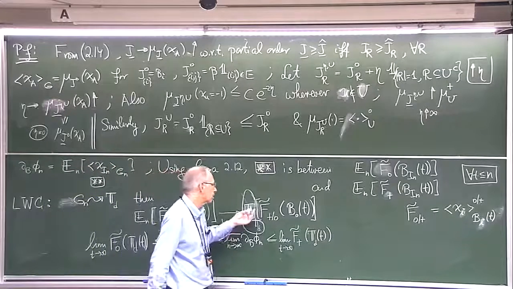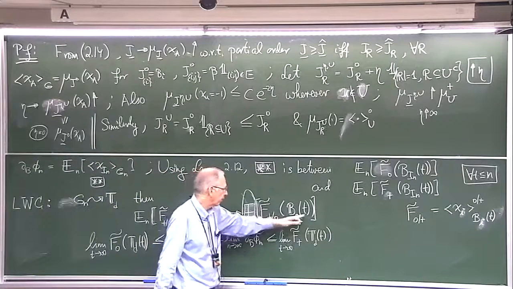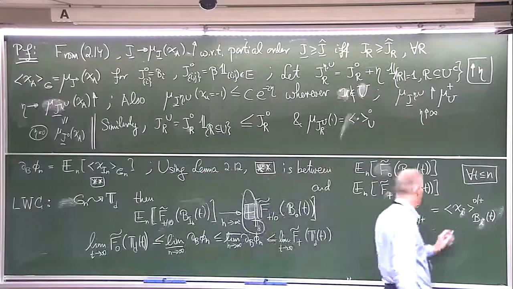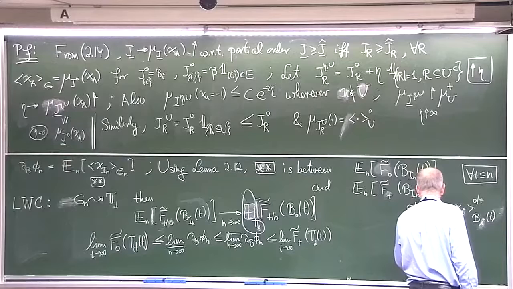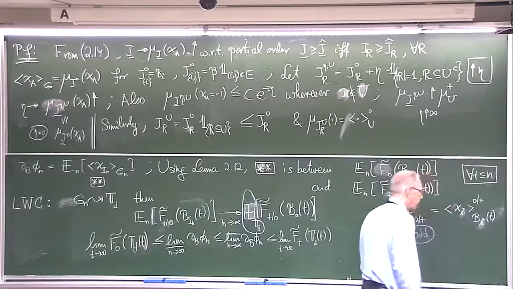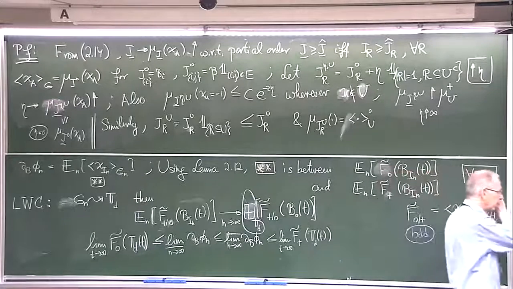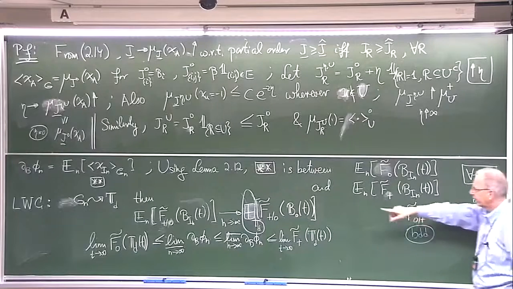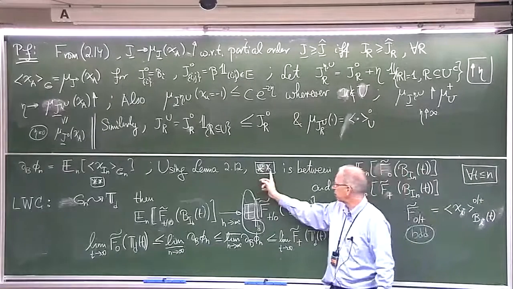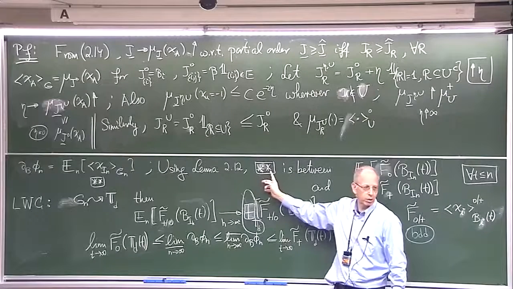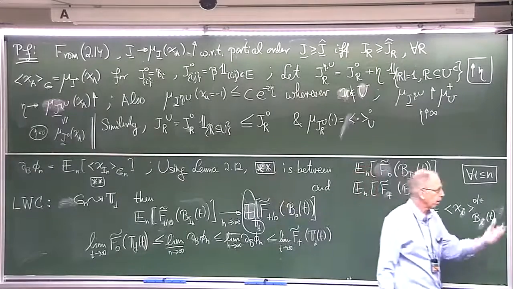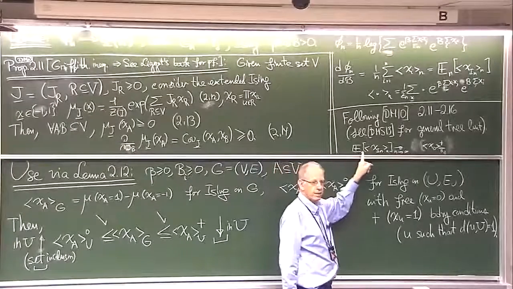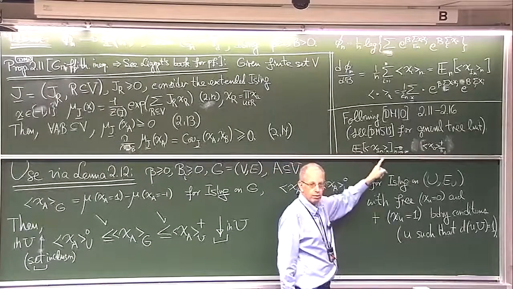And of course I'm using one more thing. I have convergence in probabilities. I'm using the fact that this function is bounded. I was cheating a little bit in the sense that in this theorem we are not going through the derivative with respect to B. That's why I have here two stars. There is also a derivative you can do with respect to beta, and then you will get the correlation instead of the magnetization. You will get two of them, but then you have the sum. In principle, it's an unbounded functional.